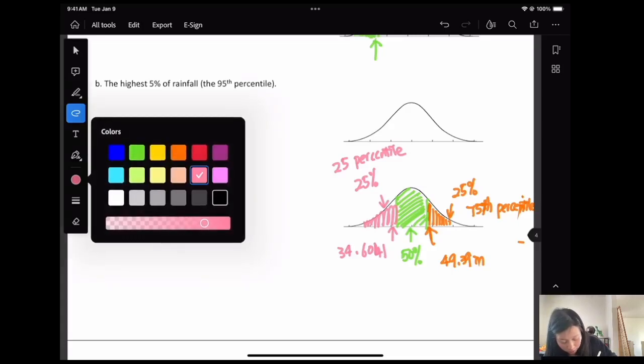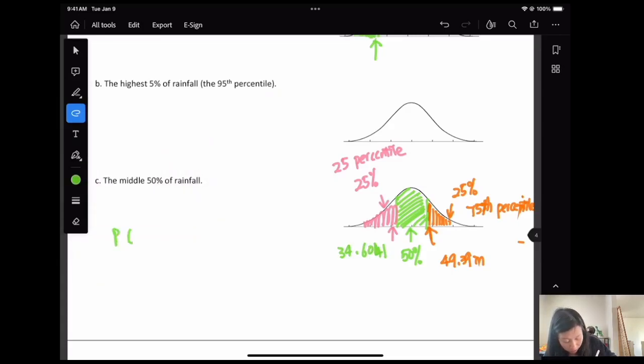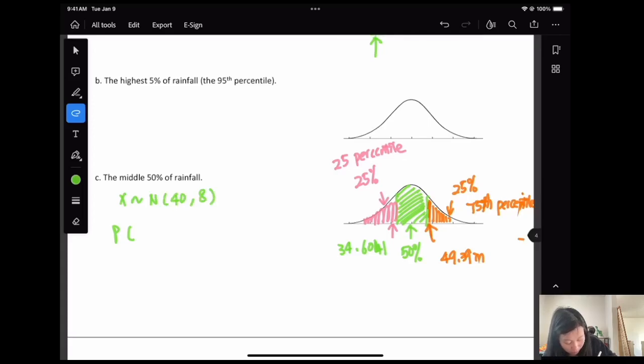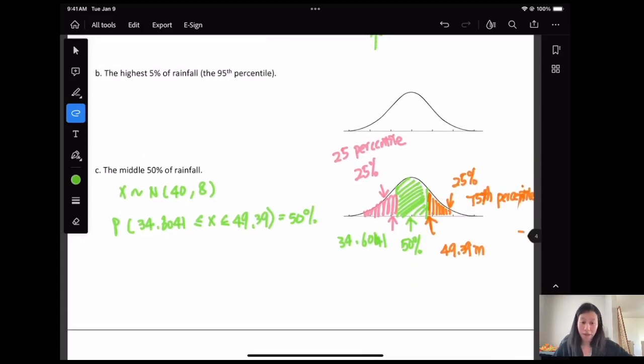So your answer should be: the probability that X, following a normal distribution with mean 40 and sigma 8, is between 34.6041 and 49.39 is 50%, exactly the middle 50% of the data. Okay, and that's it for this video, how to find the cutoff value.